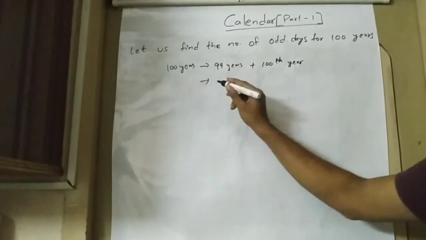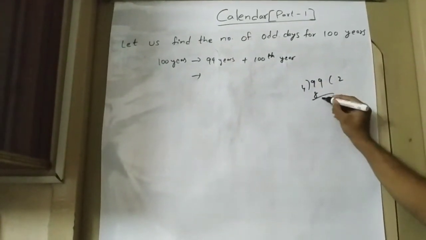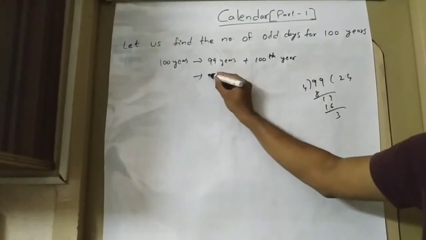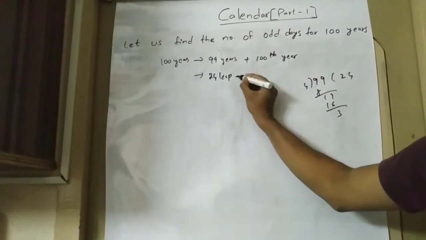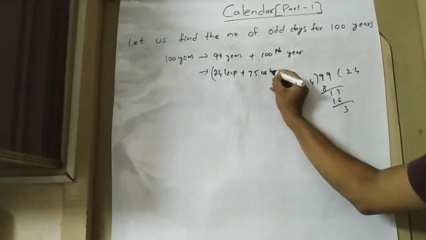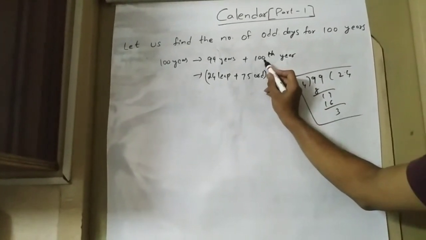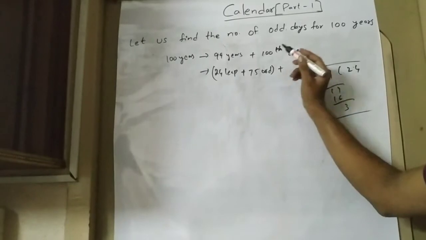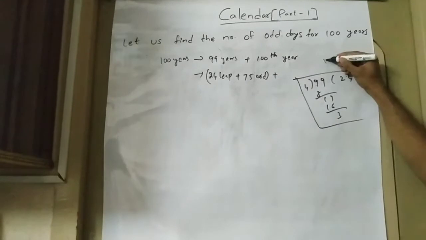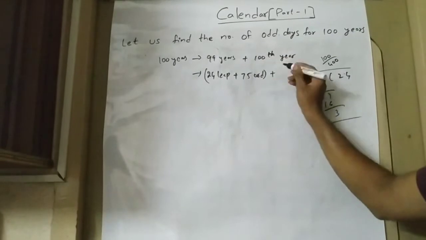So in 99 years the number of leap years will be 99 by 4, which gives 24 leap years, plus 99 minus 24, that is 75 ordinary years, plus the 100th year. As this is a century year, it is a leap year only if it is exactly divisible by 400. But 100 will not divide exactly by 400, so this is an ordinary year.